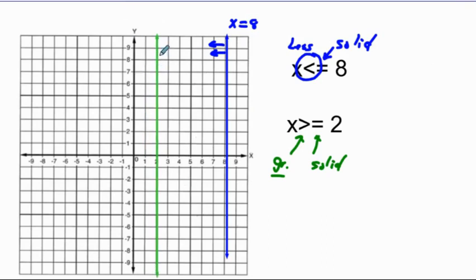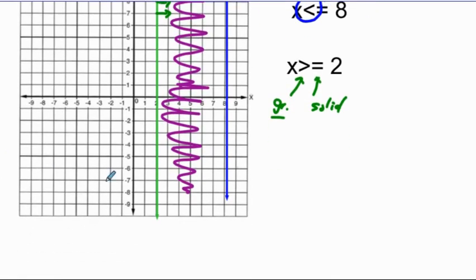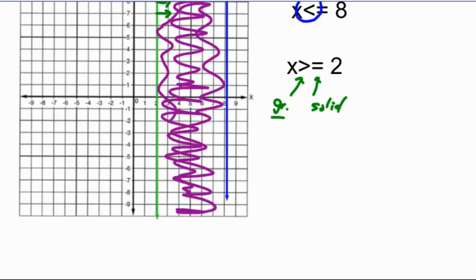So what I want this time is everything on this side. So the final answer for this one is everything in the middle. So the lines are good and the middle is good. So solid lines and everything in between them.